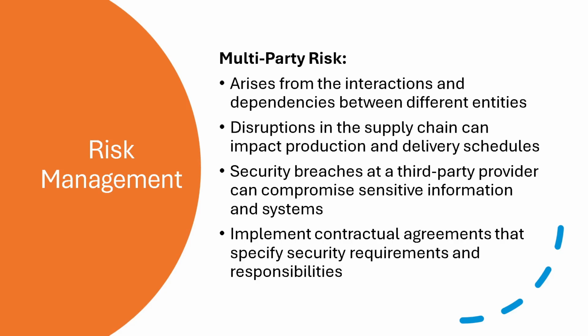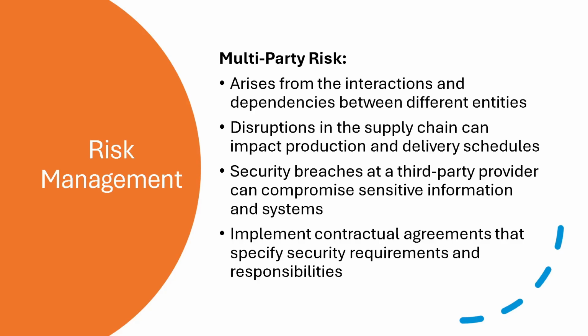Multi-party risks. Multi-party risk arises from the complex web of interactions and dependencies between different entities in today's interconnected business landscape. For example, disruptions within the supply chain can impact the organization's production schedules, leading to production shortages and delayed deliveries.